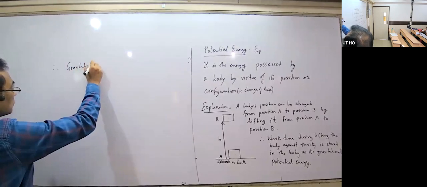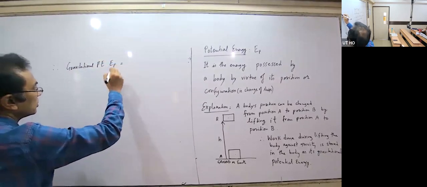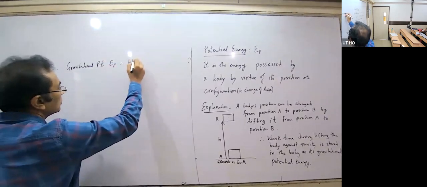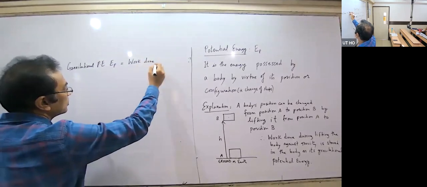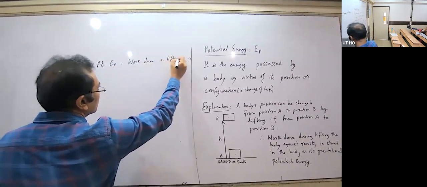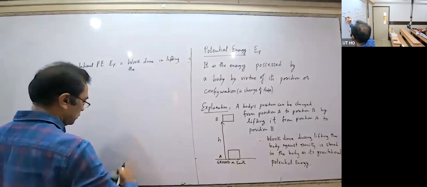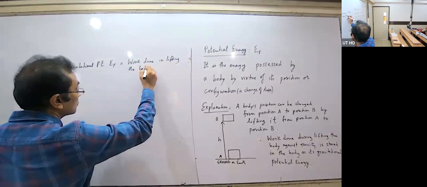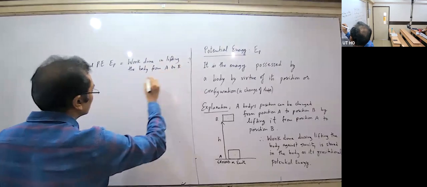Potential energy EP is equal to work done in lifting the body from A to B.